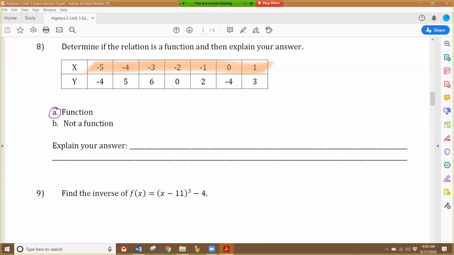So there's lots of different ways you can explain your answer. You can tell me that no x values repeat in the domain. You could tell me that every input has exactly one output.